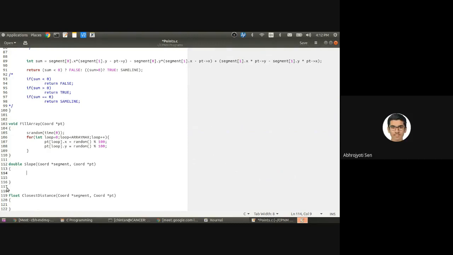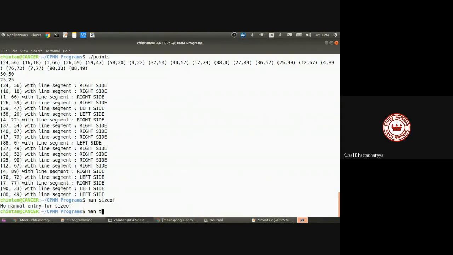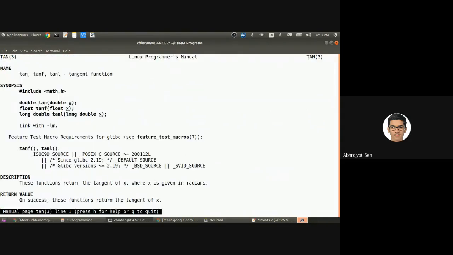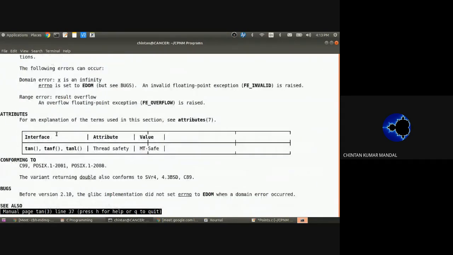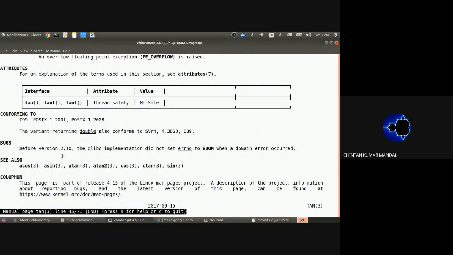Okay, if there is an arctan in the math functions, can we find it with arctan? I don't believe there is a tan inverse. Tan inverse is not needed, we can directly compute the slope: y2 minus y1 divided by x2 minus x1. Yeah, that will work too. There are three functions: tan and tan float. The tan returns a tan. There is no tan inverse. There is a hyperbolic tan function.